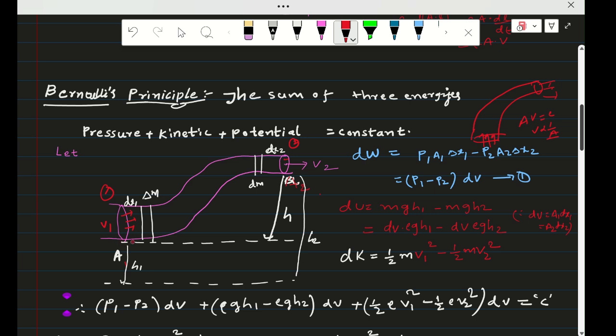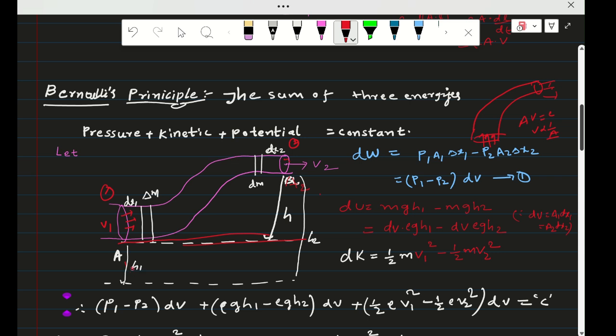So consider this situation here. Sometimes they will give only this line. When this line is given, the potential energy is equal to h rho g. At the second point only potential energy is there, and at the first point potential energy is zero. Otherwise, from the ground level, these two pipes are at heights H1 and H2.